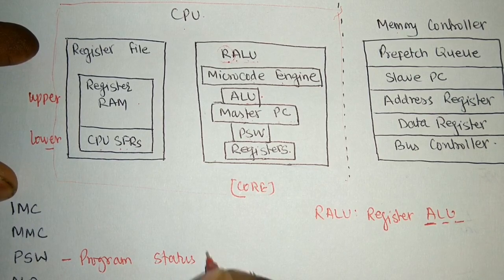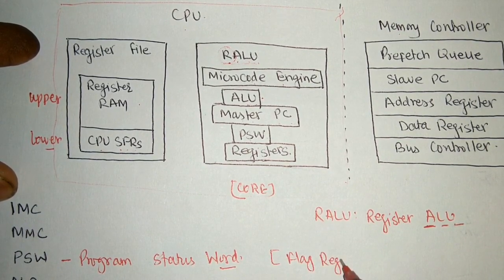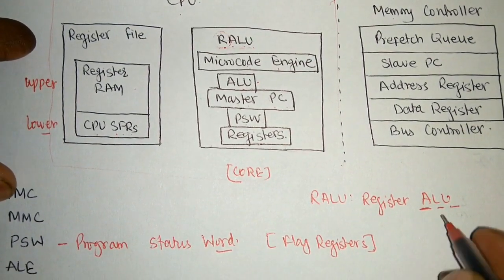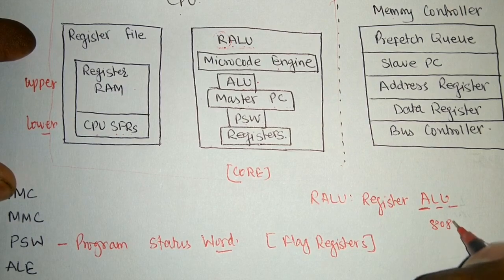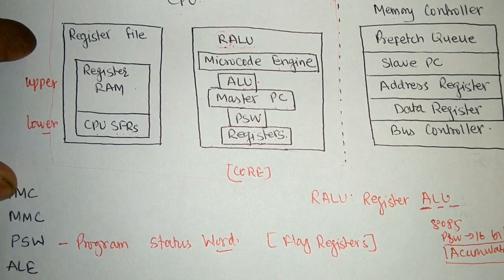When we discussed our microprocessors, we talked about something known as flag registers, which also are known as status registers. In case of a microprocessor, especially 8085, it has its PSW of 16 bits. In those 16 bits, 8 bits are of the accumulator and 8 bits are of flag registers.